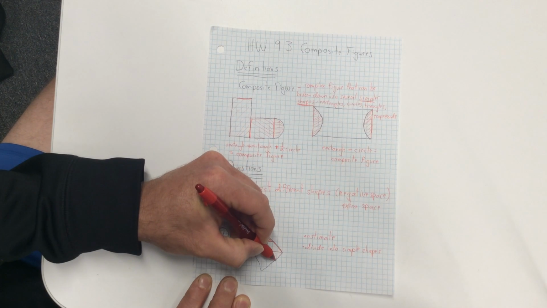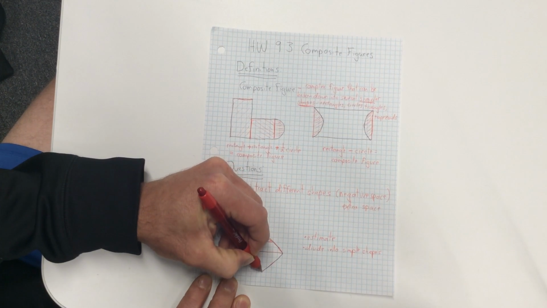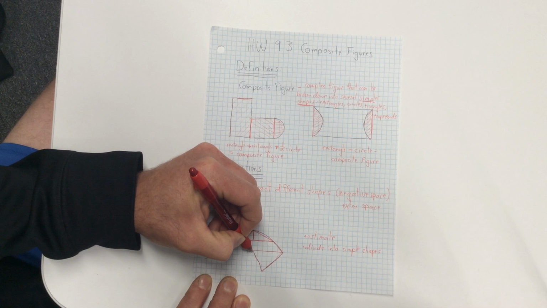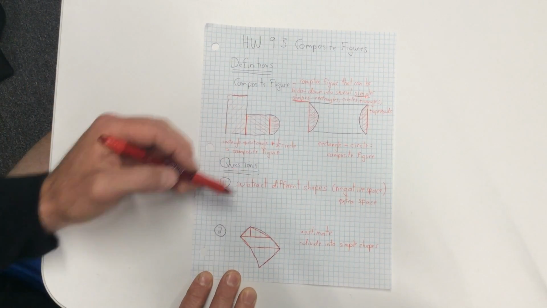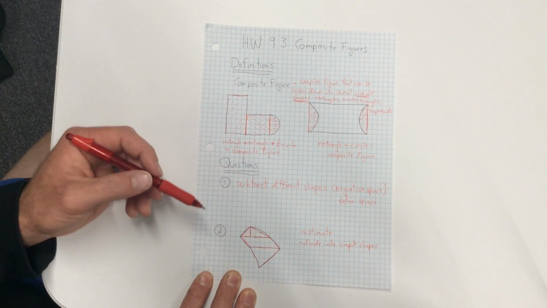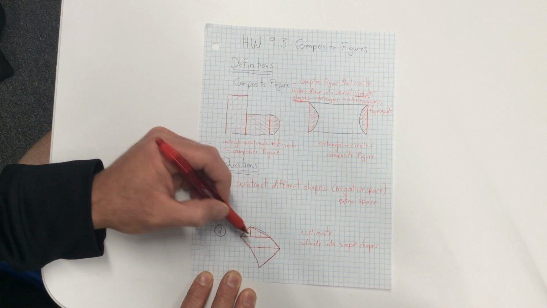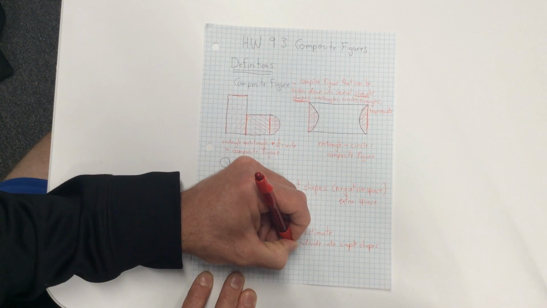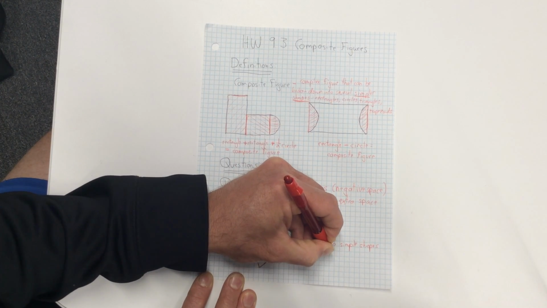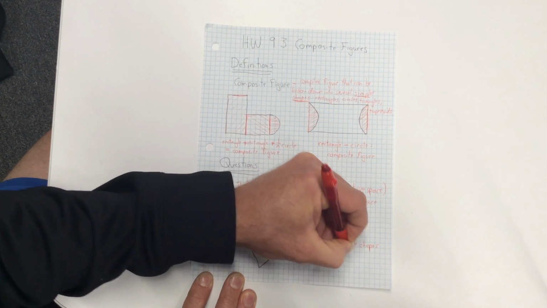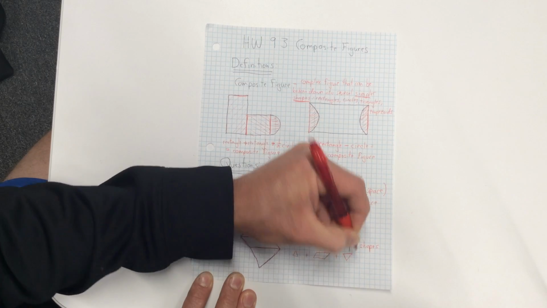And then I've got a big triangle here. So maybe we'll just do this one as an example to show how you would do it. I have a triangle plus a parallelogram plus then the upside down triangle.